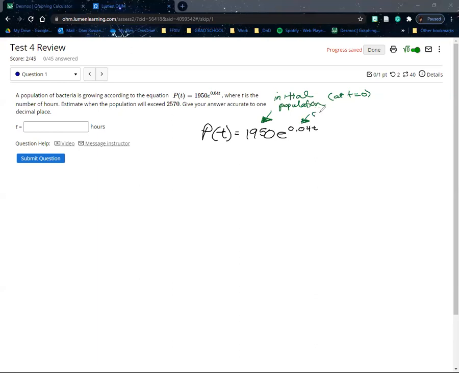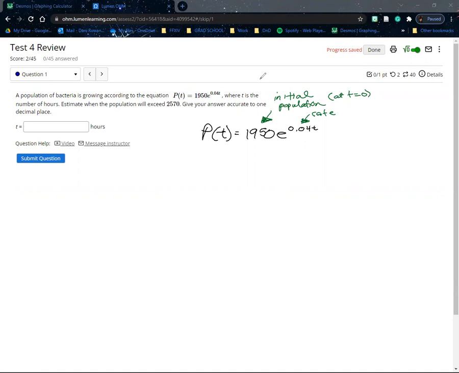Yeah, it's the rate. So this is the rate at which this population is growing. The bacteria is growing. It's really important to note that with the equation, because in some cases you'll be asked to set up the equation. And so it's good to know what each thing represents.